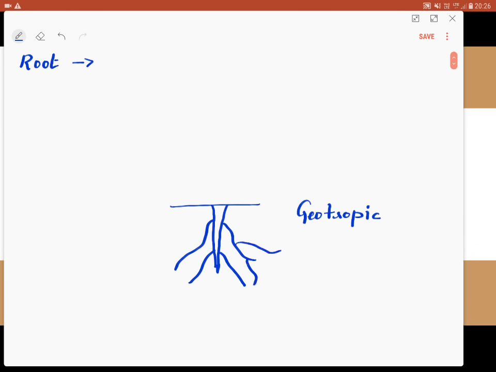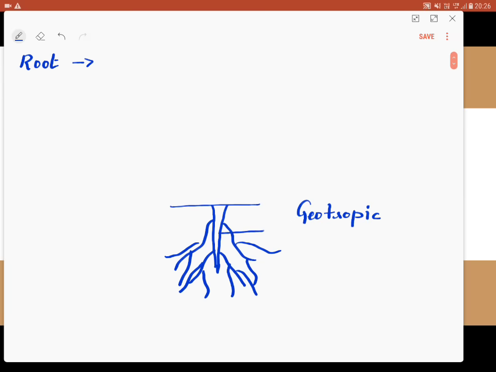From the primary root, you generally can see the growth of secondary root, and from secondary root we get tertiary roots. So, this is our primary root. Next comes secondary root. Then comes tertiary root.